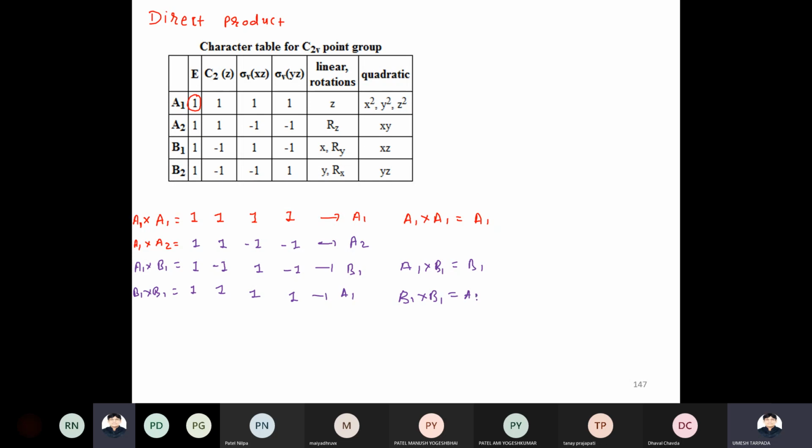What about B1 cross B2? 1, 1, minus 1, minus 1. Answer is A2. 1, 1.